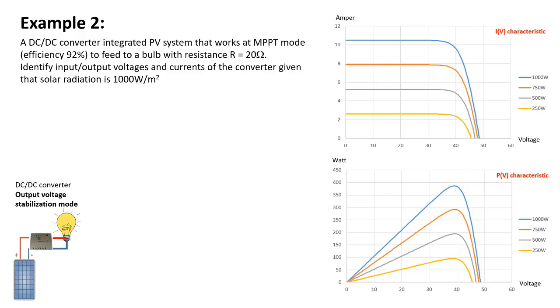You are asked to identify the input and output currents and voltages of the converter. Again, I hope you could spend some time to solve the problem on your own before we further discuss the solution.